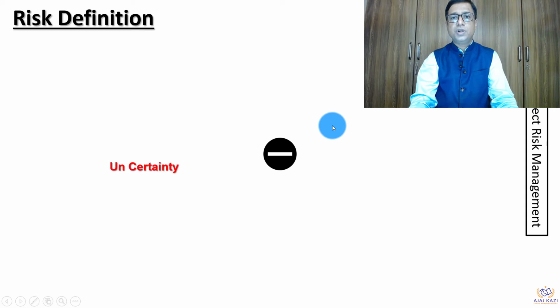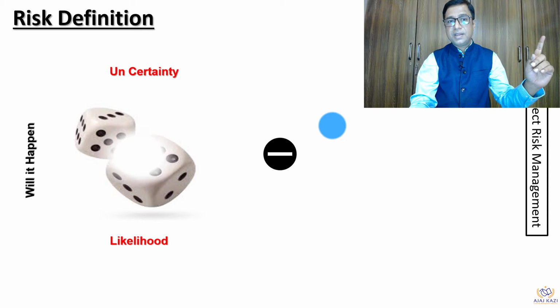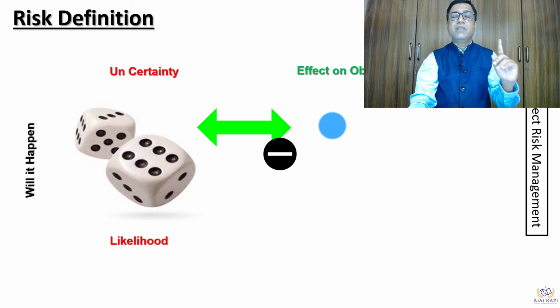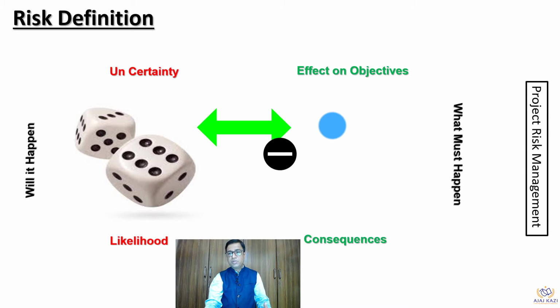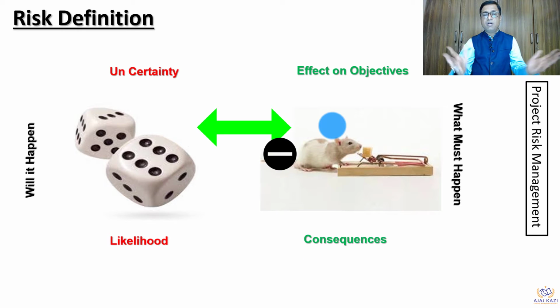So in short, the risk definition is basically an uncertainty. Will it happen? So the likelihood of happening, and uncertainty, which can have both positive as well as negative impact. So it will have an effect on objectives and there will be consequences. If it happens, then it will have consequences, effect or impact or whatever you can say on objectives.